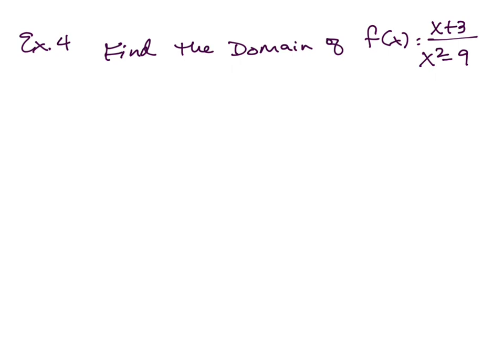Okay. So a little bit of how-to for you. When I'm searching for the domain of a rational function, I'm going to set the denominator, because that's where the domain is affected, equal to 0.